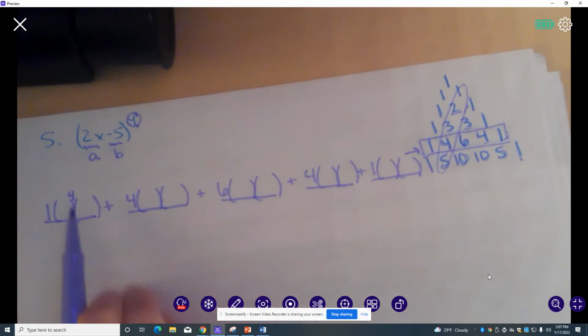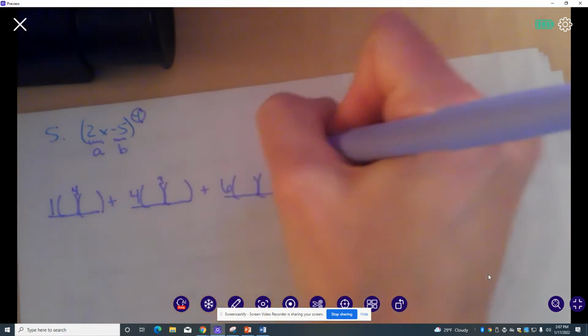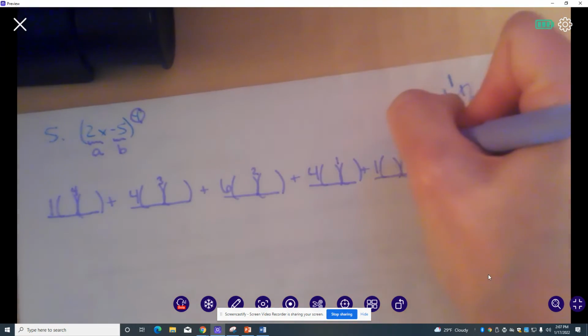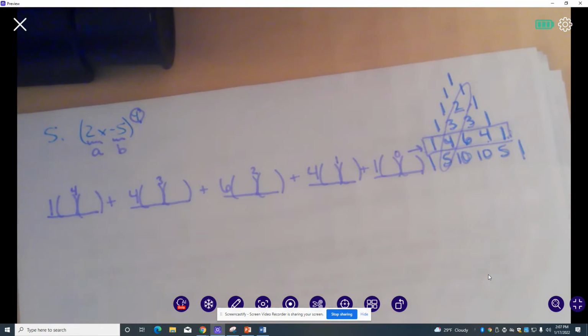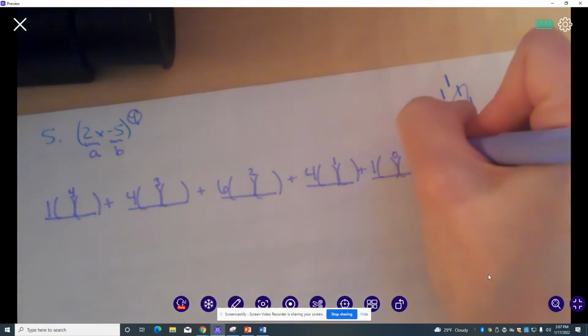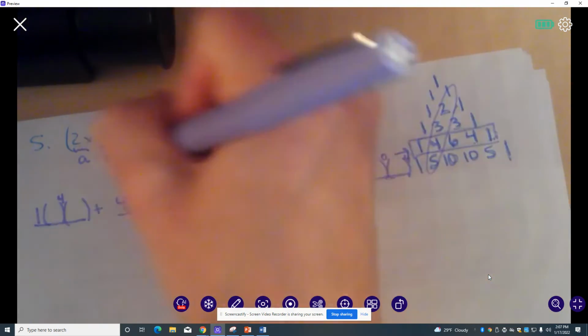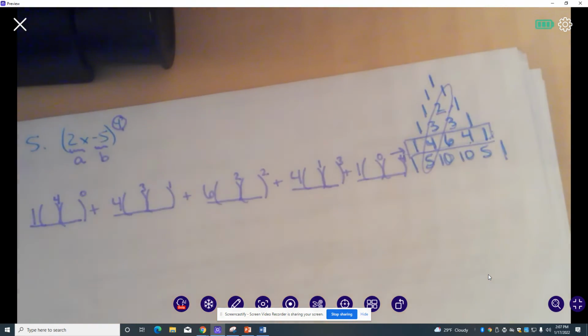So I'm going to start with 4 on my first set of parentheses and then decrease by 1 each time. So 4, 3, 2, 1, and 0. And then the same thing's going to happen, but going backwards on the second set of parentheses. So this one will have an exponent of 0, then 1, 2, 3, 4.